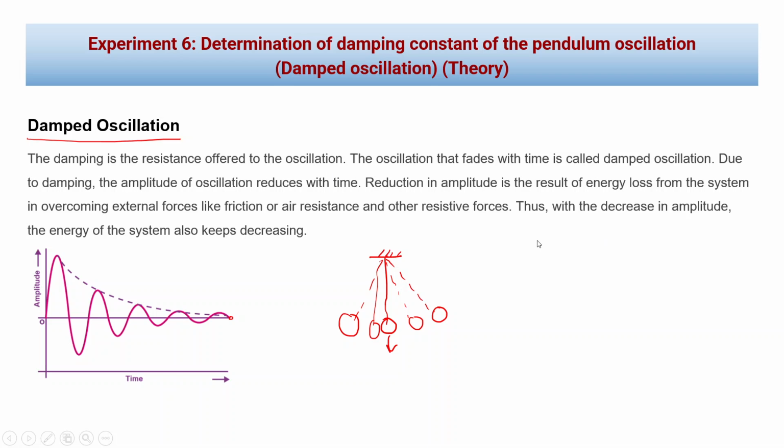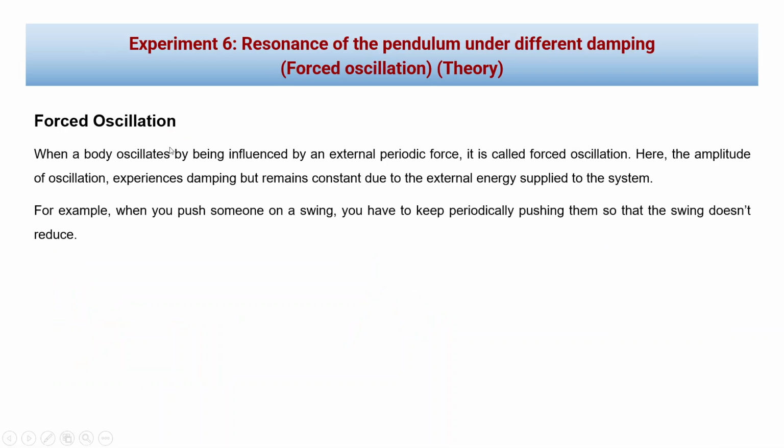Now the third kind of oscillation is forced oscillation. In free oscillation, we just once gave it some energy, like we displaced it, and then it sustained itself. In damped oscillation, once we gave it some energy or displaced it, it first keeps oscillating, but eventually it stops because of air friction or viscous force.